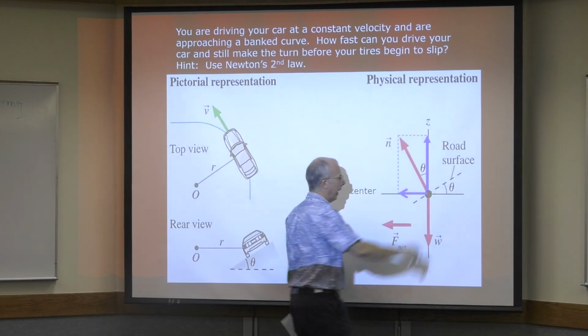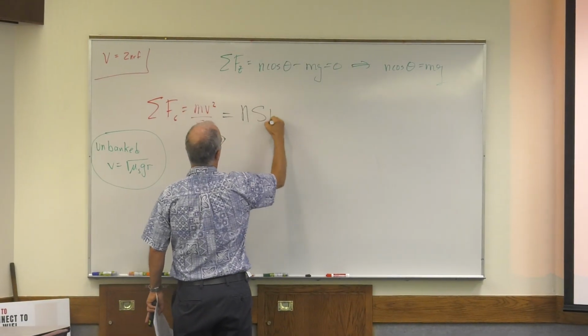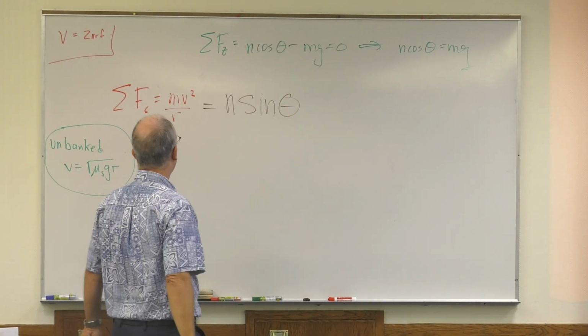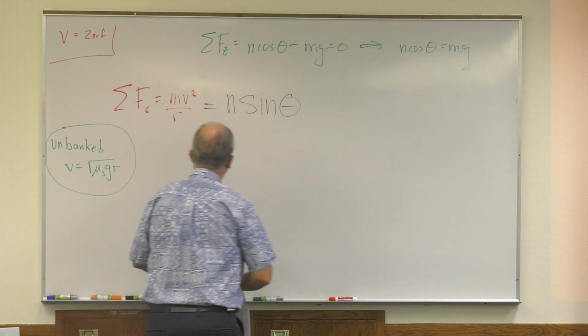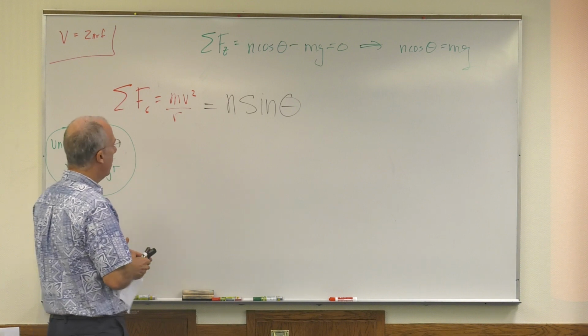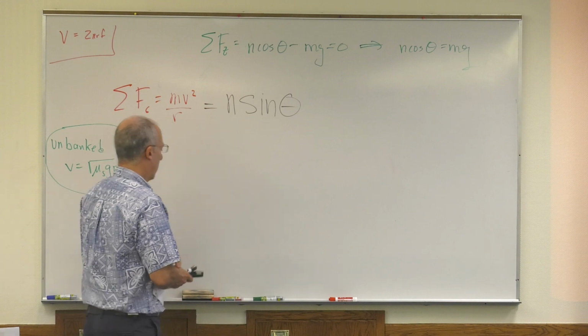This is opposite, so it's n sine theta. Oh boy. Now, we want to solve for velocity. So we know we're going to use this, right? So let's just do it.